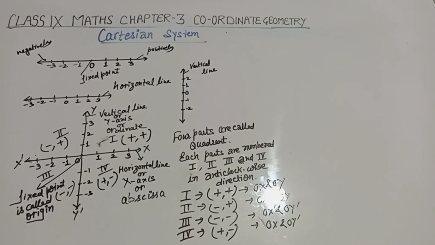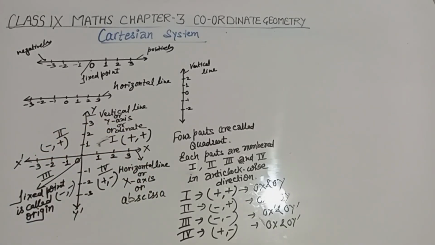So the plane consists of the axes and these quadrants. This plane has two axes, OX dash and OY dash, the x and y axes, and these axes divide the plane into four parts.